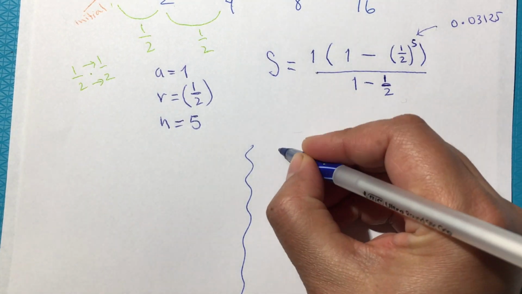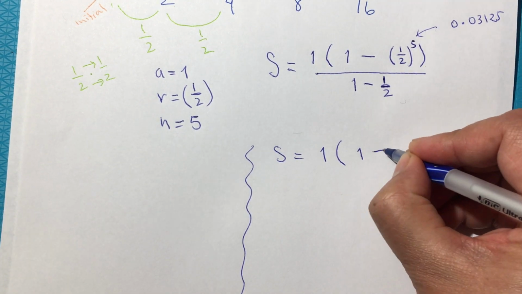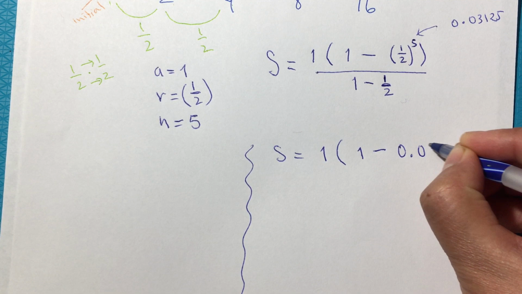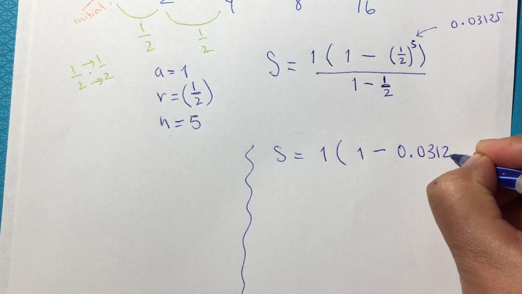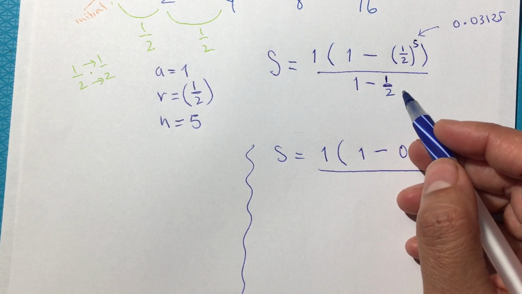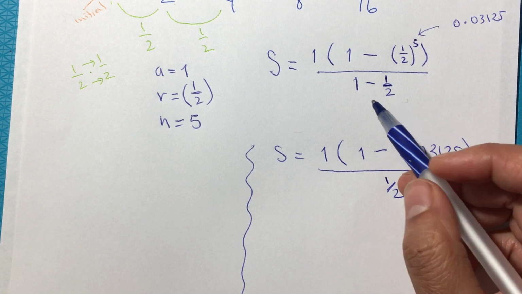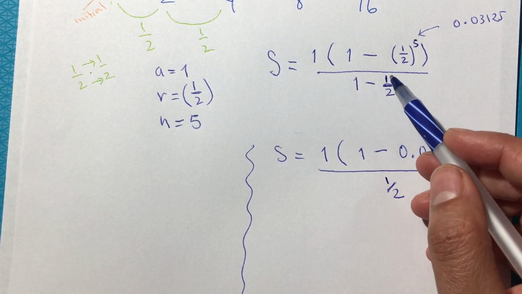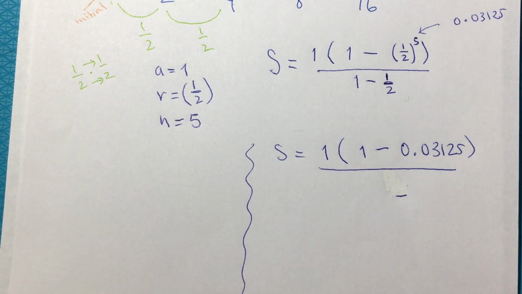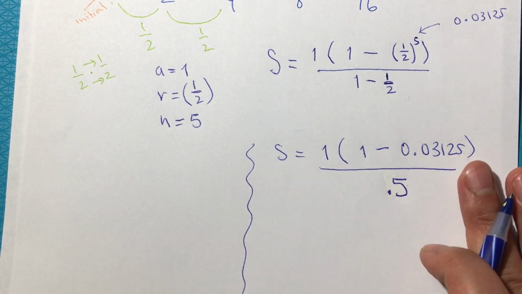Okay, so 1 times 1 minus, now I'm going to put that number, 0.03125, all over 1 minus 1/2, which is just 1/2, right? A whole number minus half of it is half of it. Or let's put 0.5 since we're working with decimals already on this side.